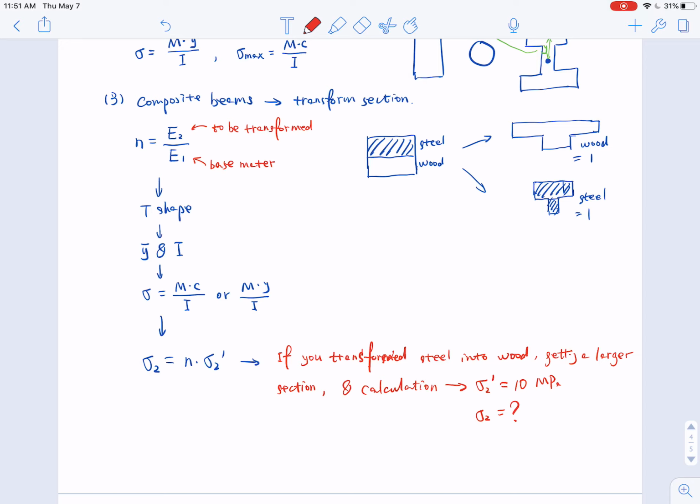The 10 is the calculated result, since you transformed the steel into wood. So what is the real stress in the steel?